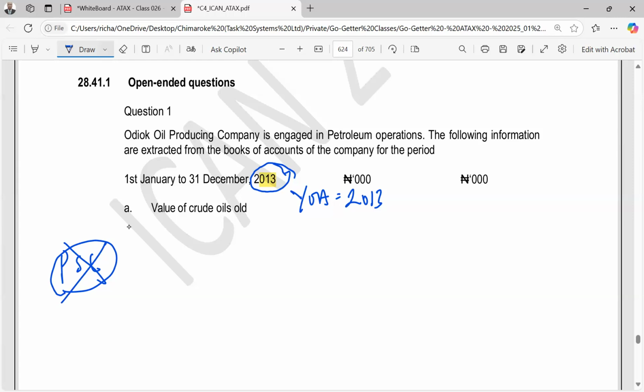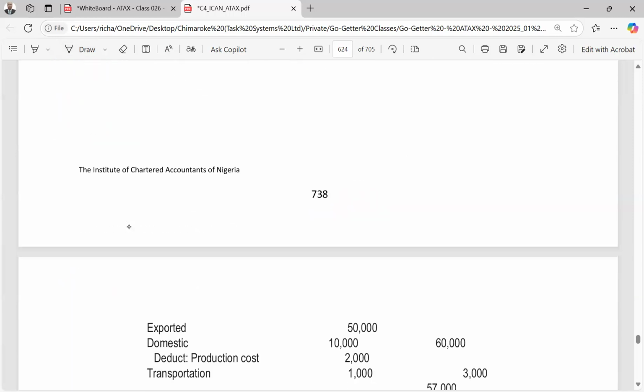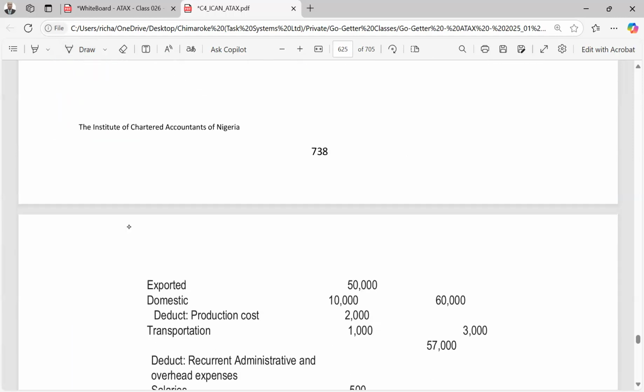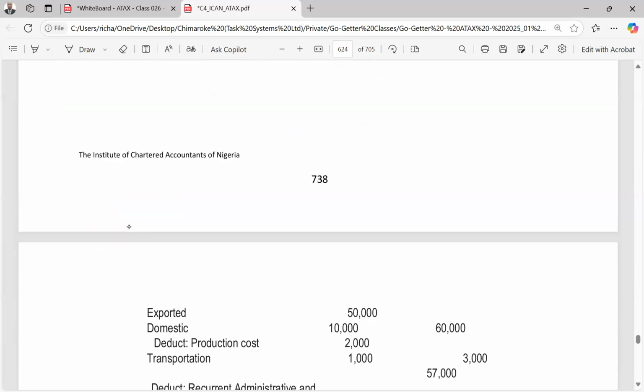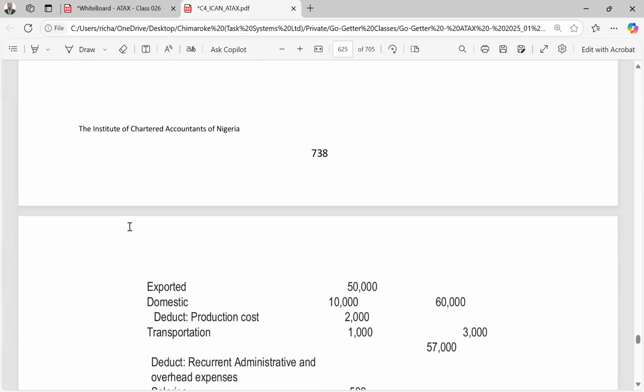Now, one thing again you should check, they gave us exported costs of 50 million. This is what they extracted in their books. Now, do we take their book at face value?